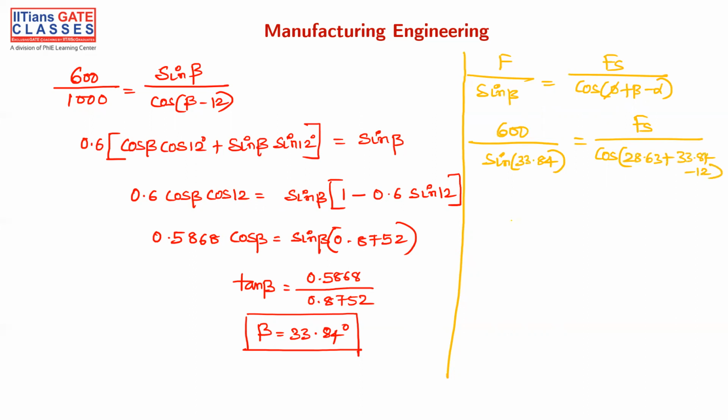If you calculate sin 33.84 and the cos of 28.63 plus 33.84 minus 12, and multiply, you get the value as 685.77 newtons, and this is the answer.